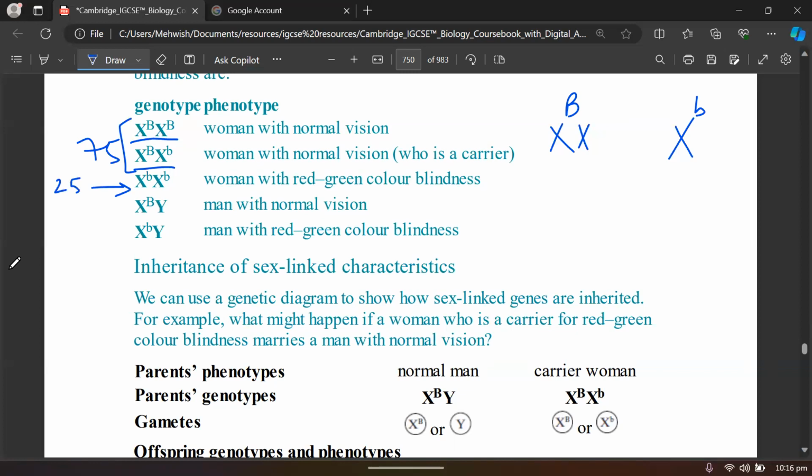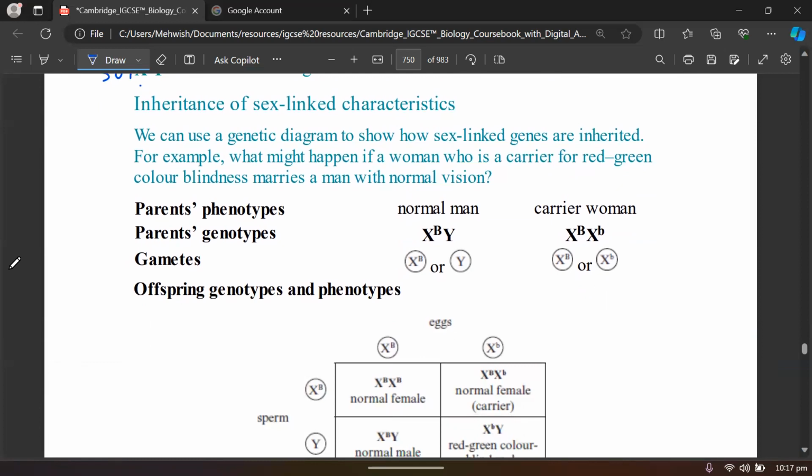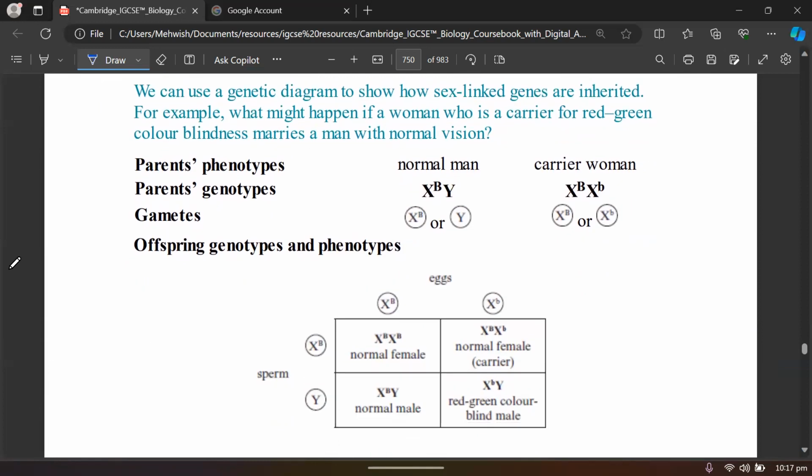Whereas in men, 50% chances are there that the man will be normal, and 50% chances for the man to be colorblind. So you see that these X-linked diseases are more common in men as compared to women. So let's have a look at the inheritance pattern of this X-linked disease.